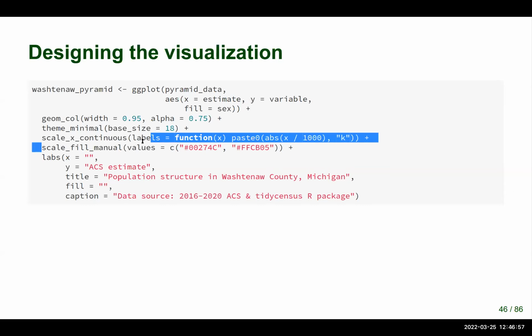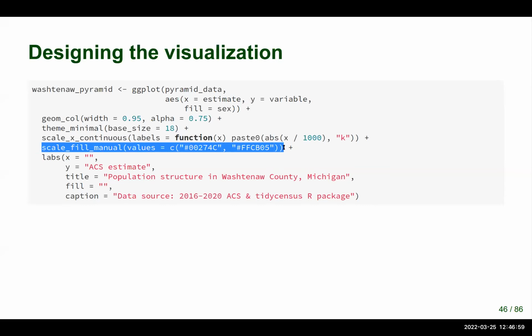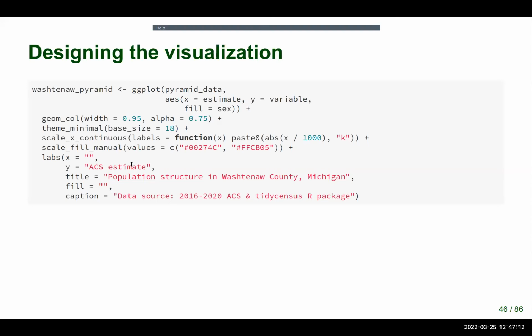I then use scale_fill_manual, which we haven't done yet, to specify a custom color fill. And I'm using maize and blue taken right from the University of Michigan website to reflect the university in Washtenaw County. Let's run this code through.